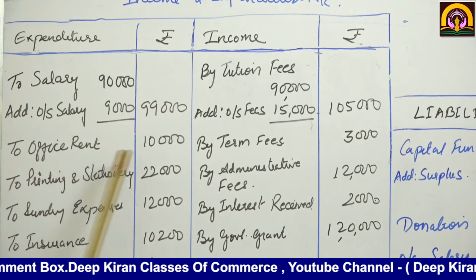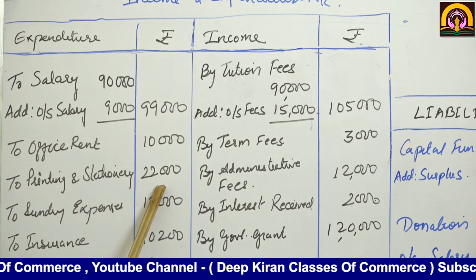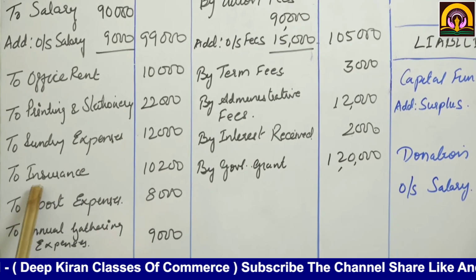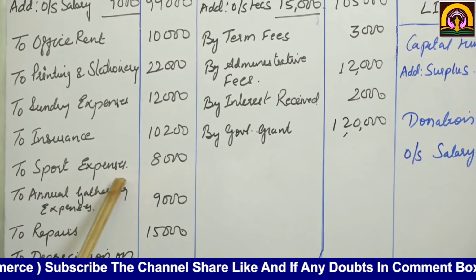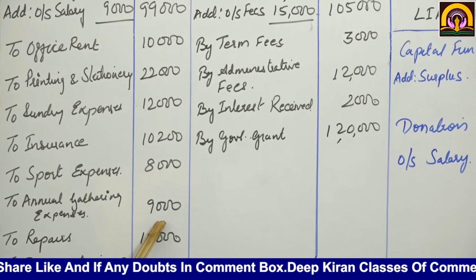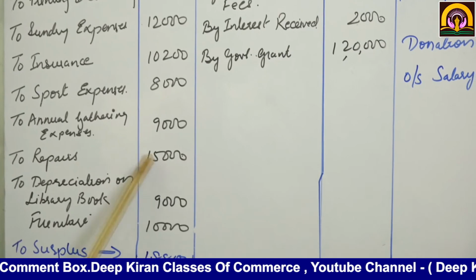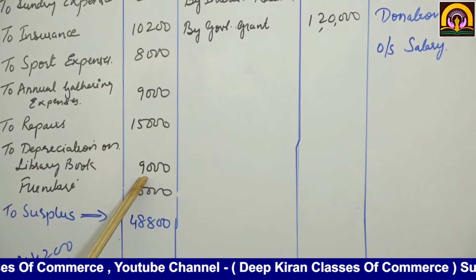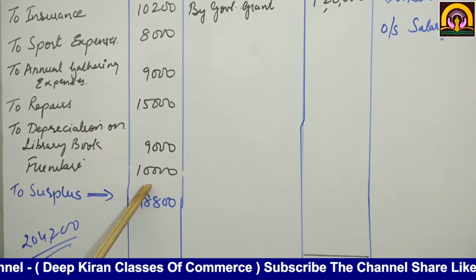To office rent 10,000, to printing and stationery 22,000, to sundry expenses 12,000, to insurance 10,200, to sports expenses 8,000, to annual gathering expenses 9,000, to repairs 15,000, to depreciation on library books 9,000 is given to you and furniture 10,000 is given to you.